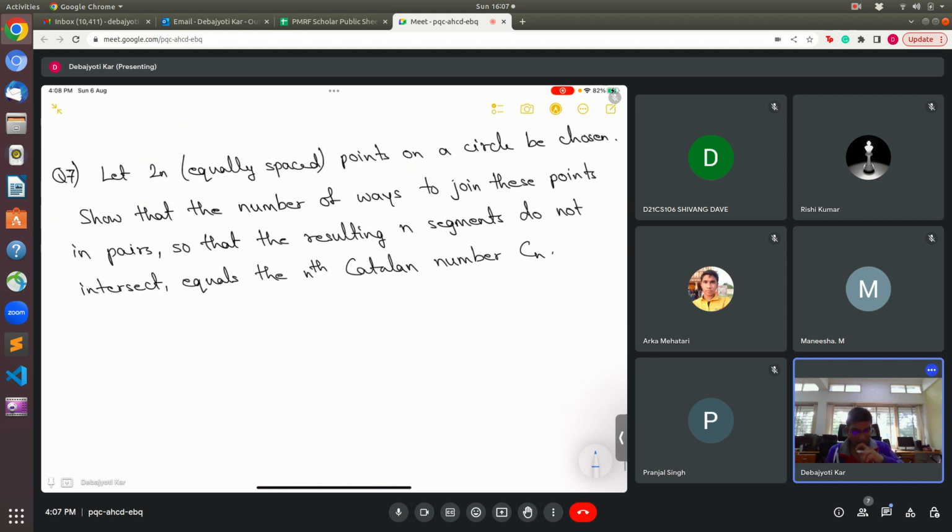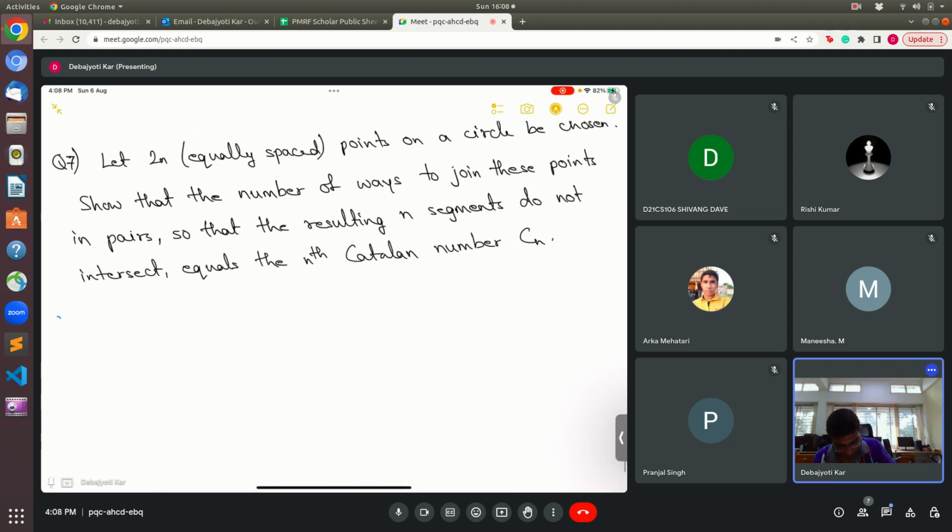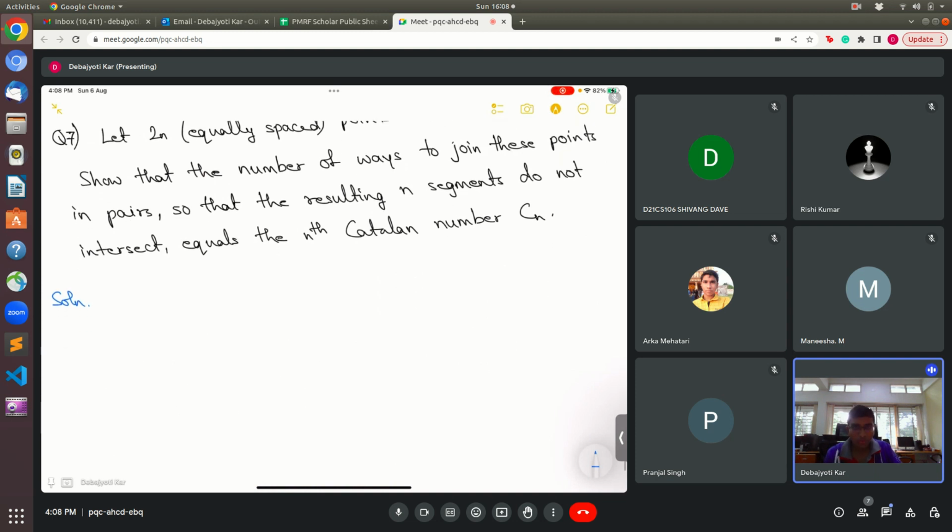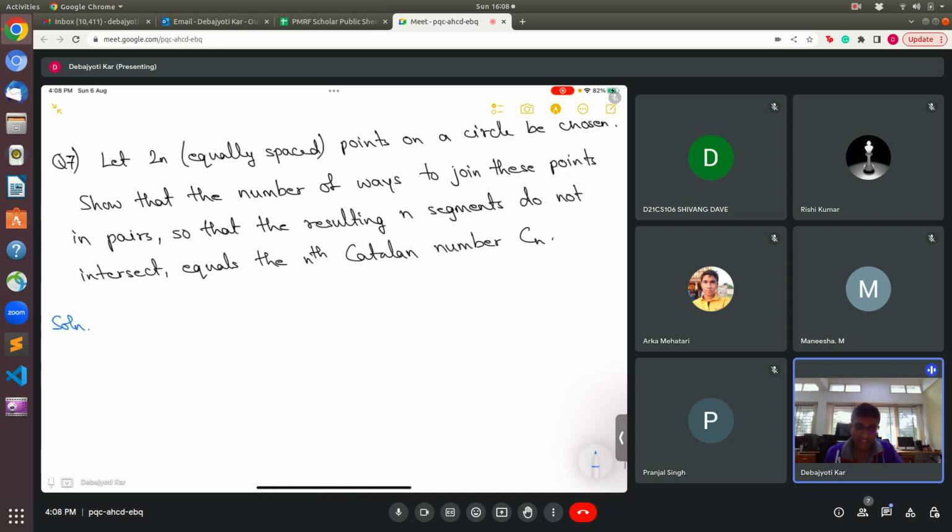What is this saying? Suppose we choose 2n equally spaced points on a circle. Show that the number of ways to join these points in pairs so that the resulting n segments do not intersect is equal to the nth Catalan number. Okay, so what is this saying? For example, let's say n equal to 3.